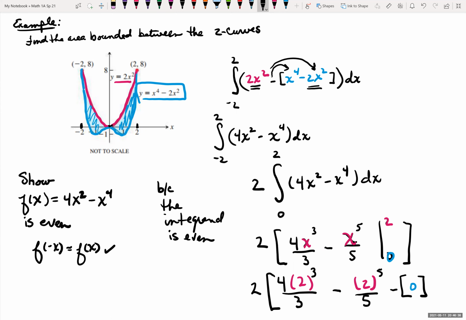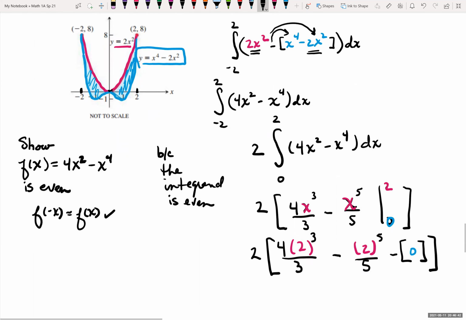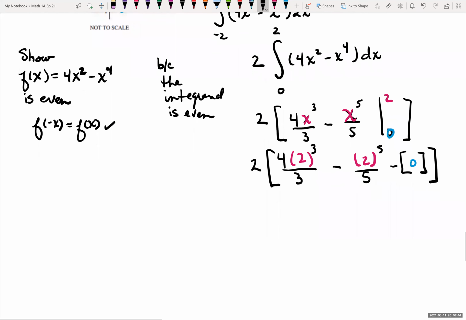So minus 0. So let's clean this up. We have 2 all times, well, 2 cubed is 8, and 8 times the 4 out front gives me 32 all over 3 minus 2 to the 5th, which is 32 all over 5.